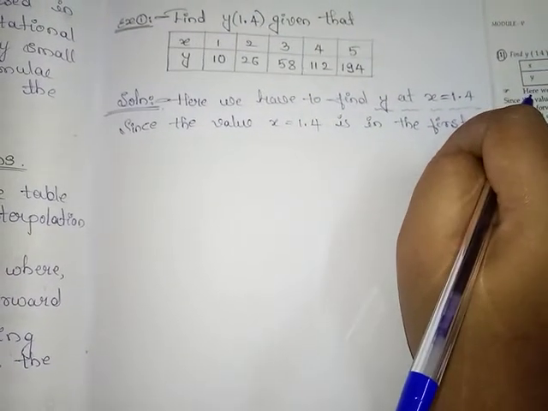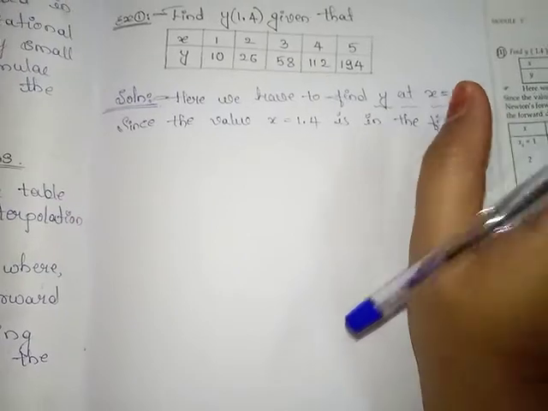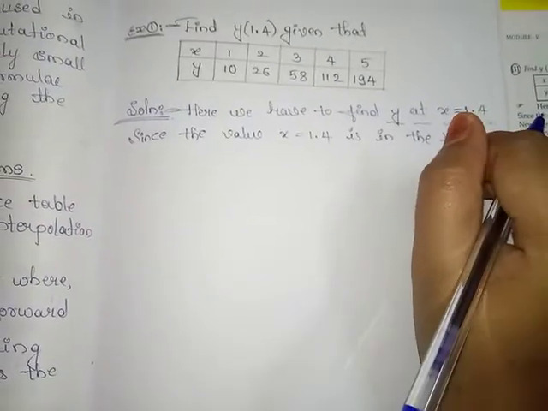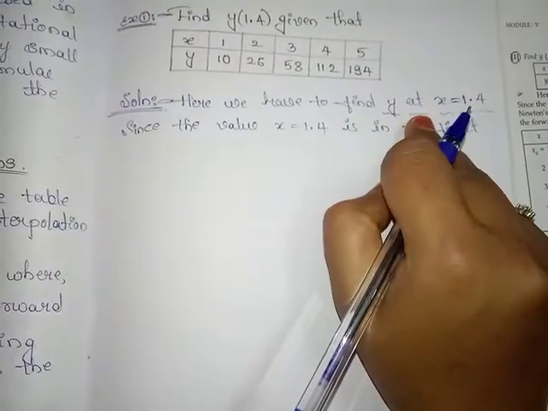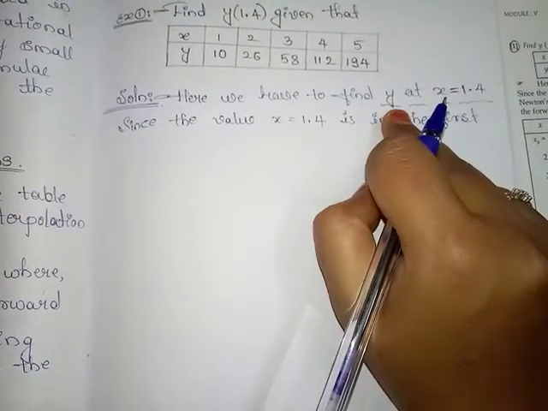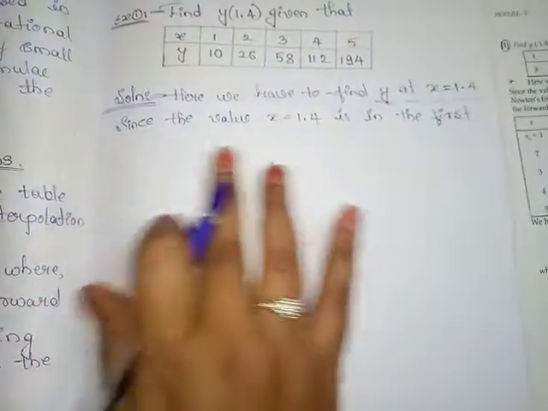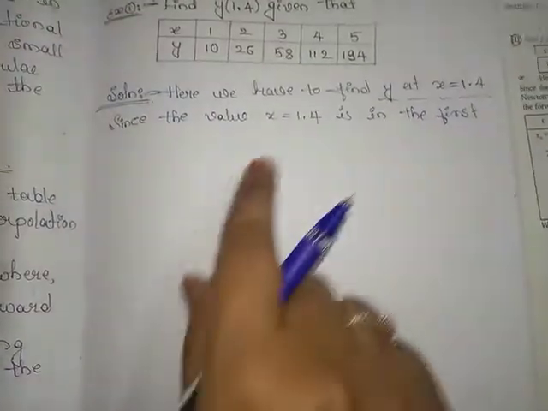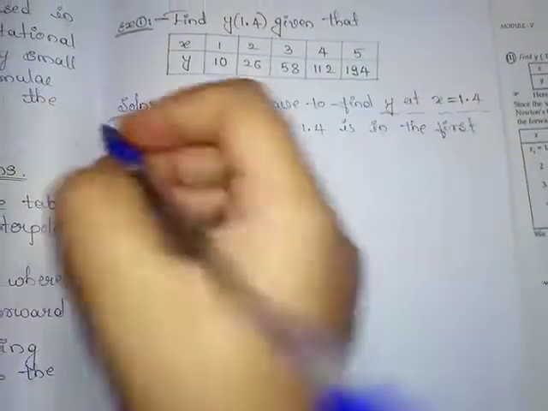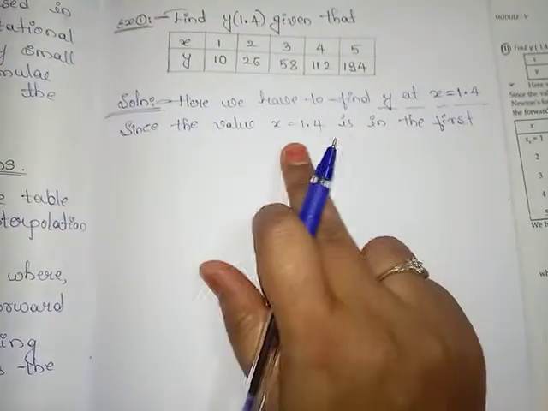Just analyze which formula is applicable for the given example. Just write for what value of x you have to find the value of y and which formula is applicable here. Only that much is required. For your understanding, I am writing like this.